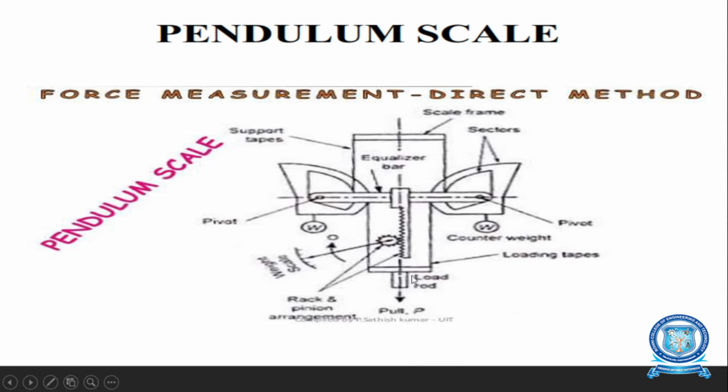As the load is applied, the sectors rotate about a pivot, moving the counterweights. This movement increases the counterweight's effective moment until the load and balance moments are equalized. The motion of the equalizer bar is converted into indicator movement by a rack and pinion arrangement. So this is the working of a pendulum scale.